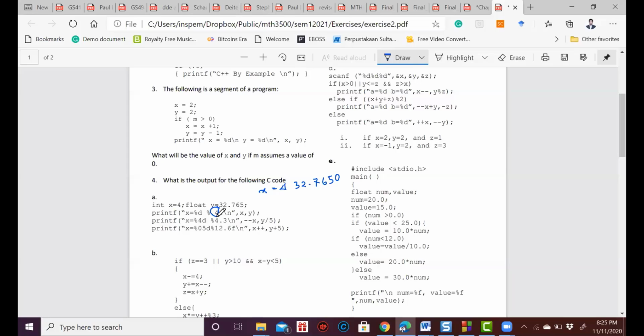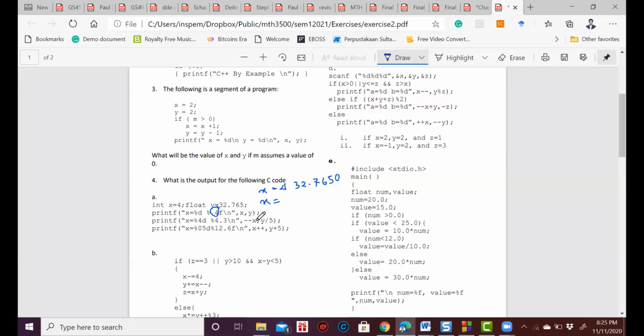So 0.4 is 4 decimal places: 1, 2, 3, 4. Okay, that is the purpose of 0.4 here. And then the second, percent d minus x and y divided by y. X is blank blank blank 3. Okay, x equal to 4d.